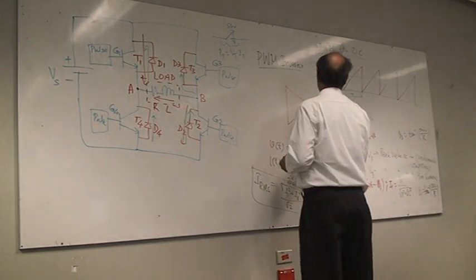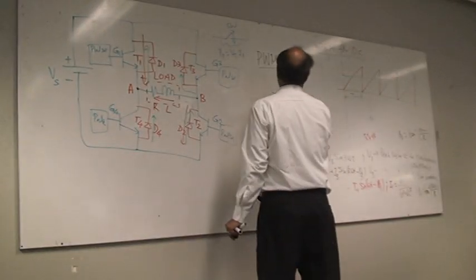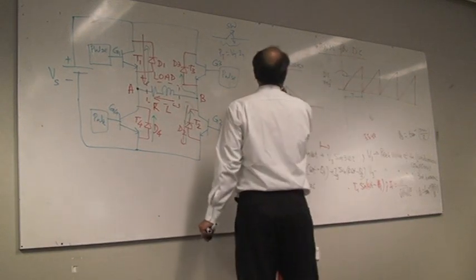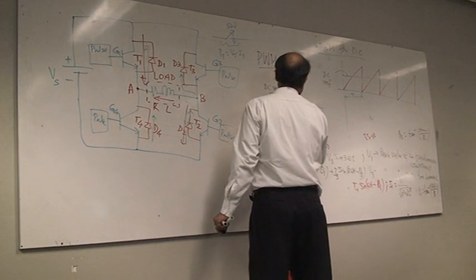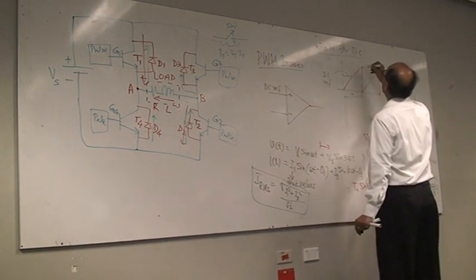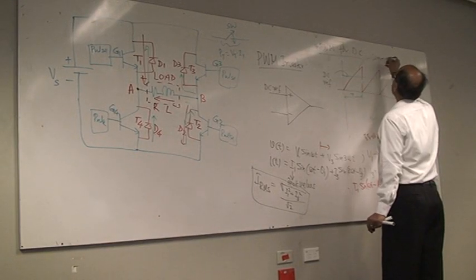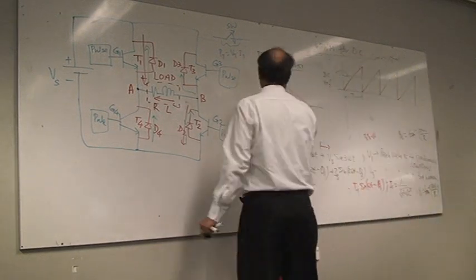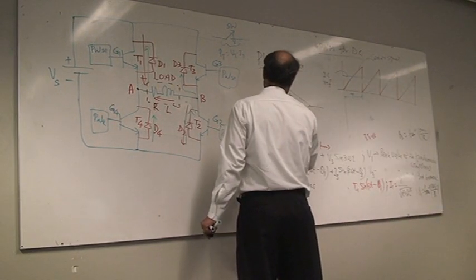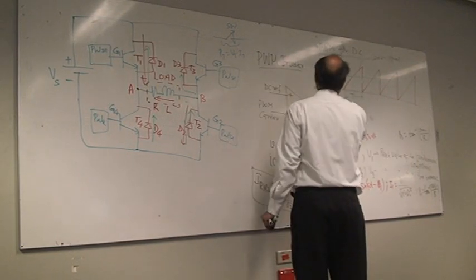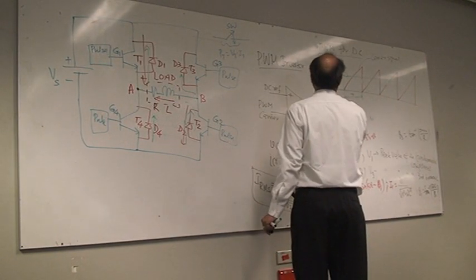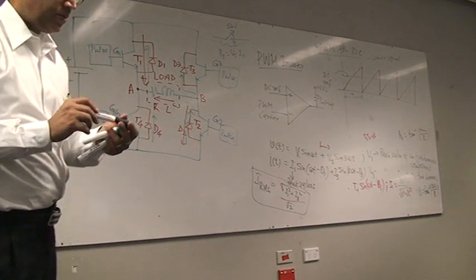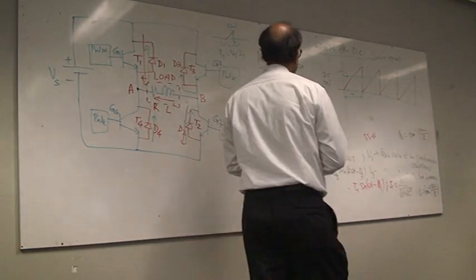You have a comparator where you give this, which is the DC reference, and this one is called the PWM carrier signal or carrier wave. And here you have a pull-up. So this is your comparator, which is an open collector comparator.